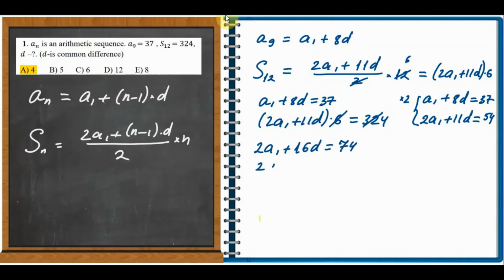And 2A1 plus 11d equals 54. Now we will subtract, and we see that 2A1 minus 2A1 is 0. 16d minus 11d will be 5d, equals 74 minus 54, which is 20. Therefore, d equals 20 divided by 5, which is 4. Correct answer is 4.